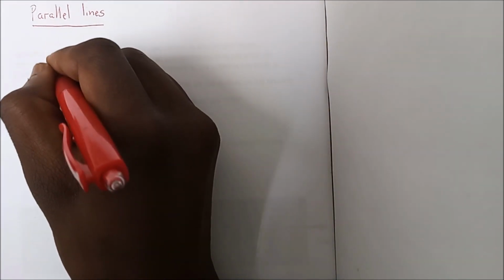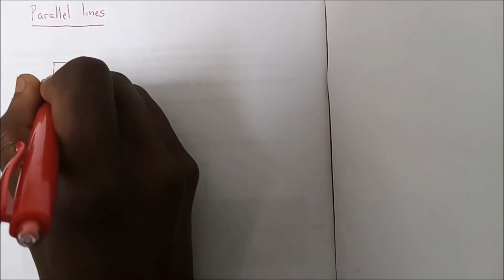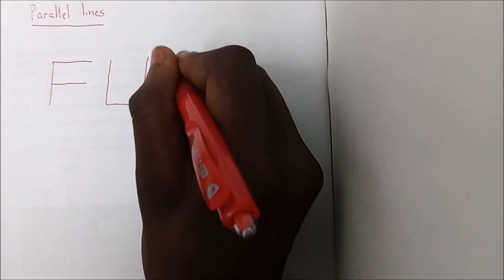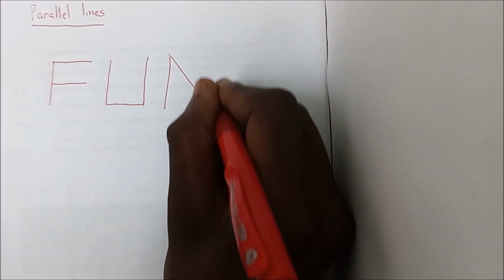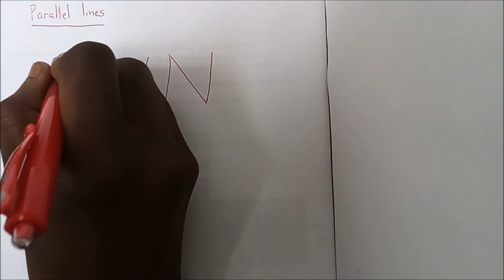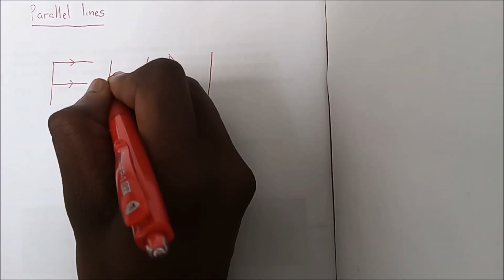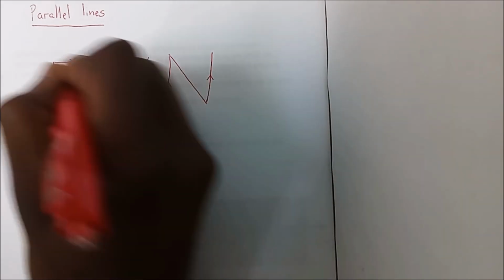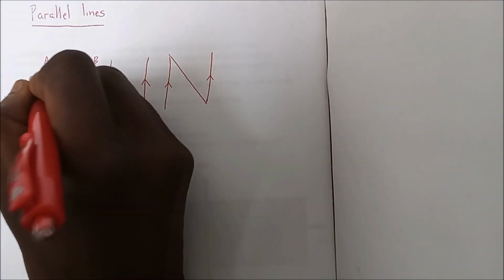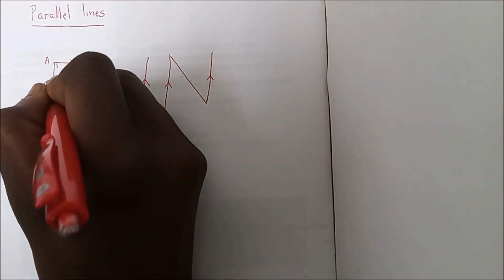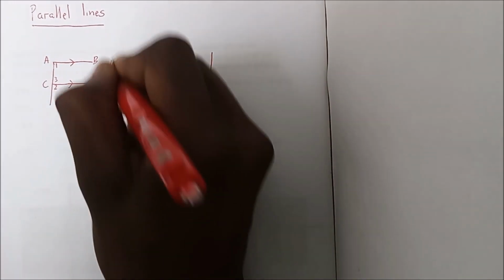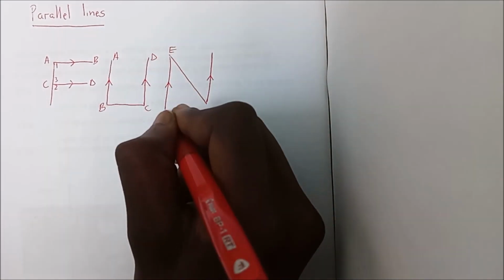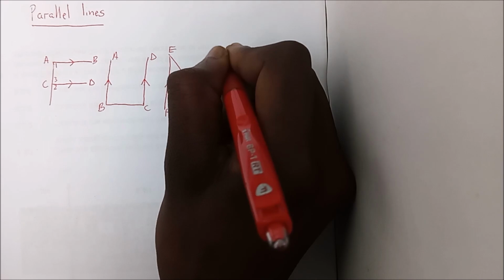Basic things. We know we have F, this is F, or some people call it Z. It does not matter. So this is our parallel lines. So grade 11s and grade 12s, I want you to see the idea here. So this is A, B, C, D. Let's say E, F, G, H. No problem.